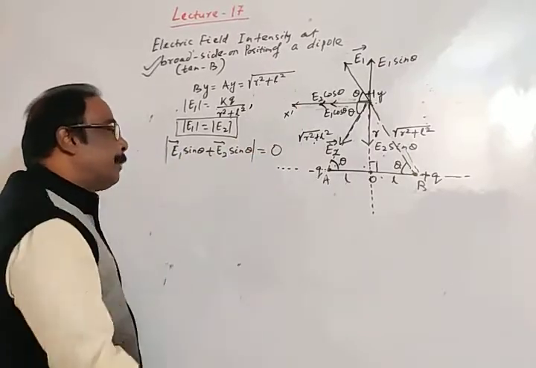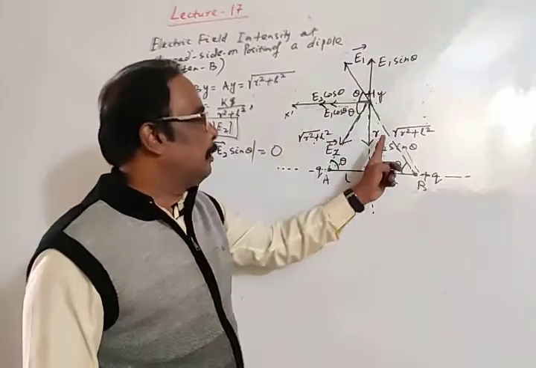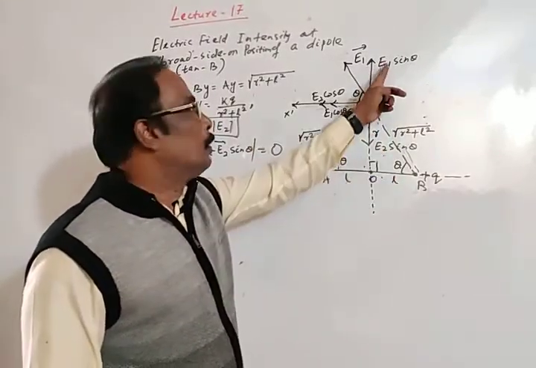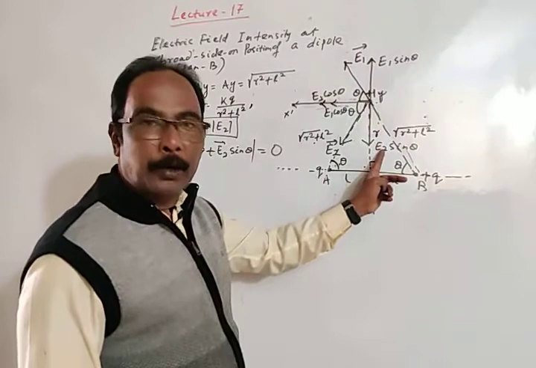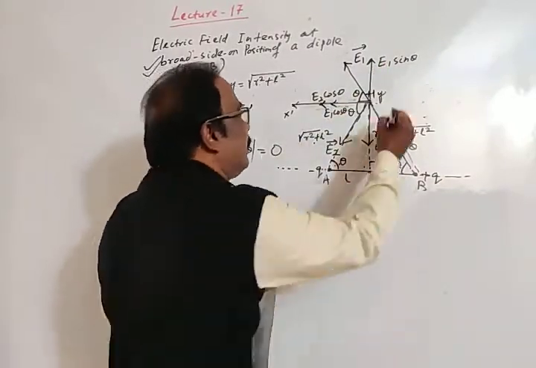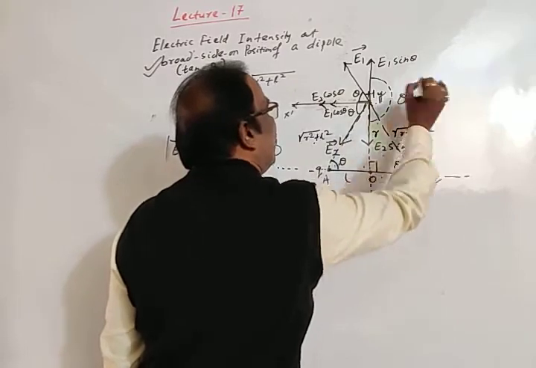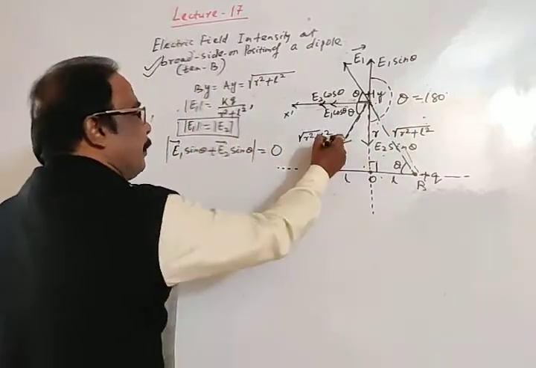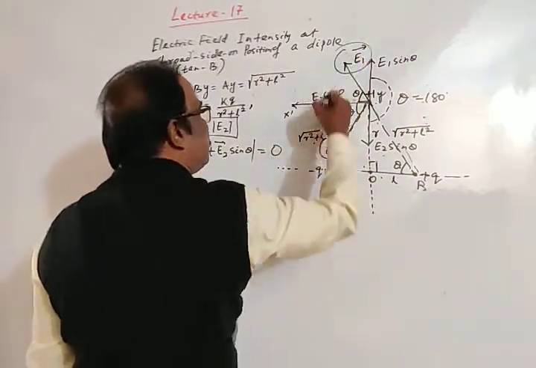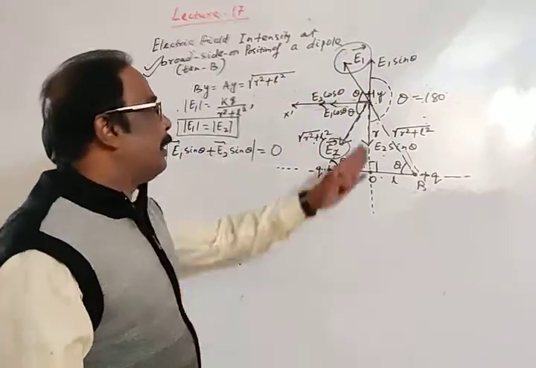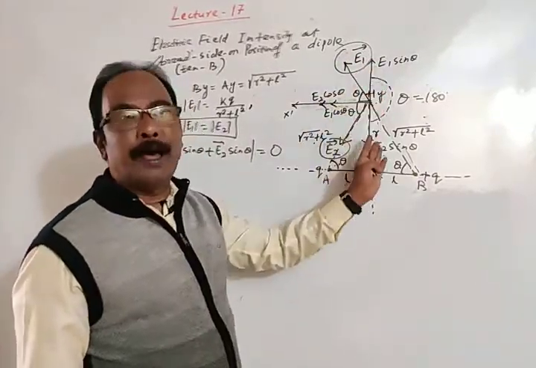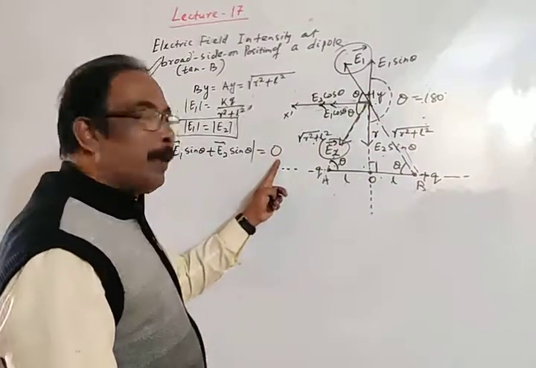The magnitude of the vector sum of E1 sin theta and E2 sin theta is 0, since the magnitude of E1 is equal to that of E2, and the angle between E1 sin theta and E2 sin theta is 180 degrees. We have resolved these two field intensities, and these two rectangular components add to give 0 resultant.